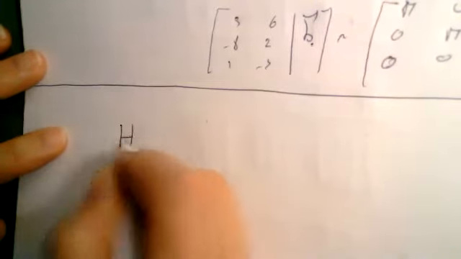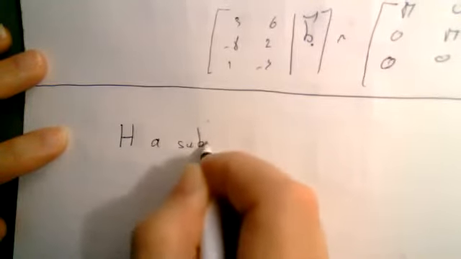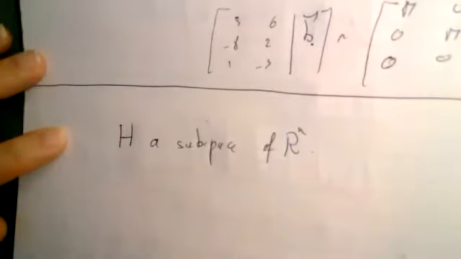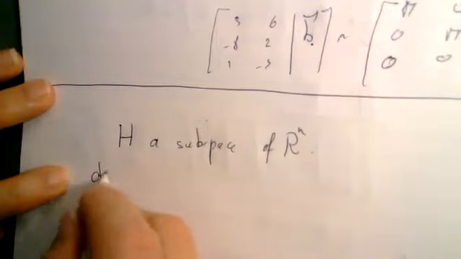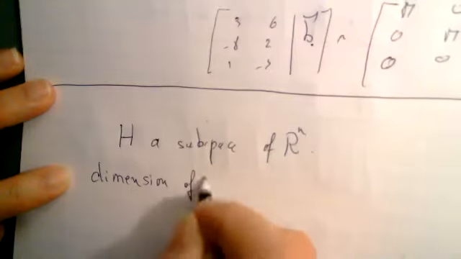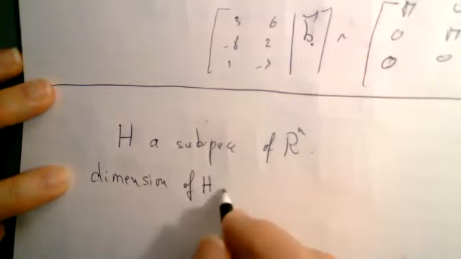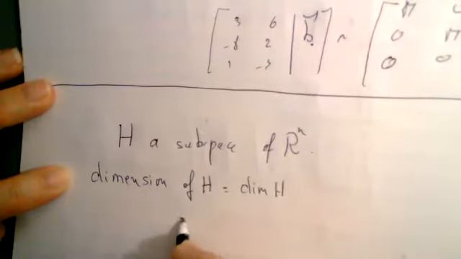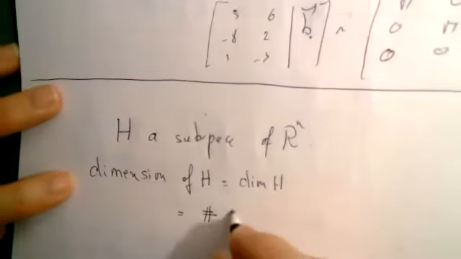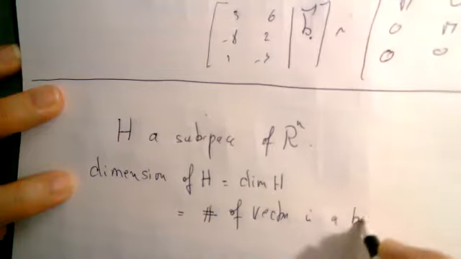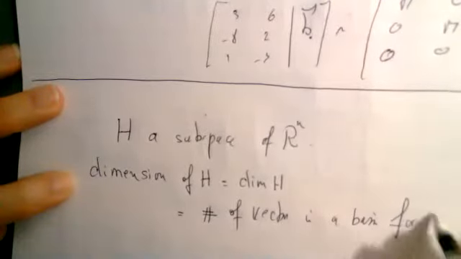Suppose H is a subspace of Rn, then the dimension of H, written dim H, is the number of vectors in a basis for H. I forgot to write this in the lecture notes.